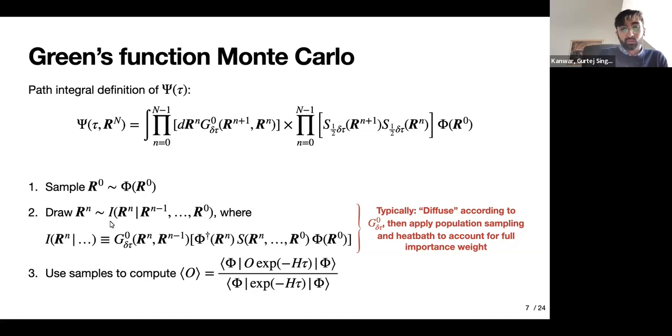And so one way to do this sampling would be to define this importance sampling weight, where here we're now sandwiching on the left side also the trial wave function so that it becomes easy to compute expectation values like the one shown below here, where you ask about imaginary time sandwiched between two copies of the trial wave function.